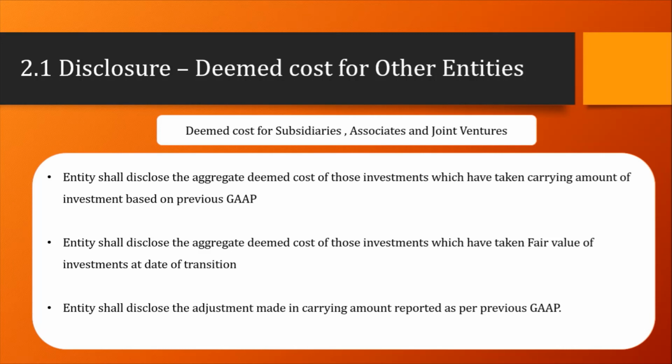Then the entity also has to disclose separately the aggregate amount of deemed cost for those investments for which the deemed cost is considered as the fair value of the investment at the date of transition. Third, they have to disclose the adjustment made in the carrying amount as per the previous GAAP. So three things they have to disclose in case of investment in other entities.